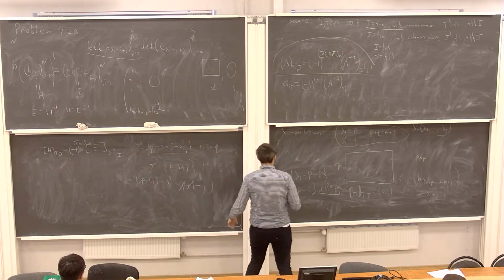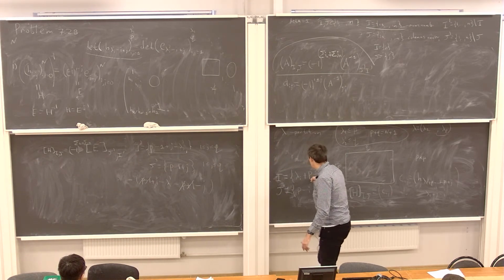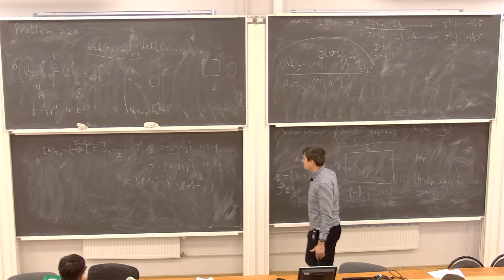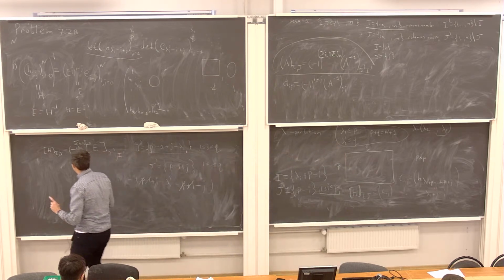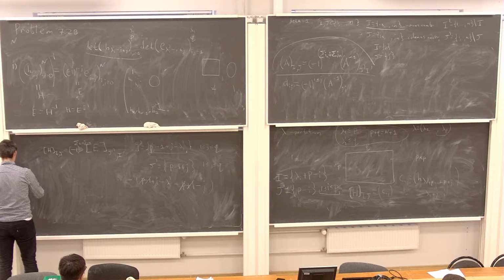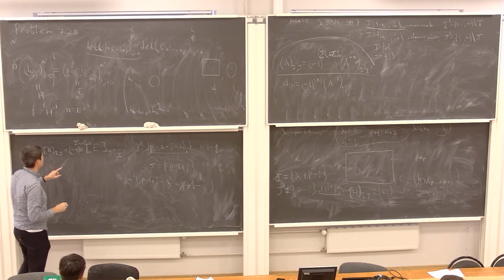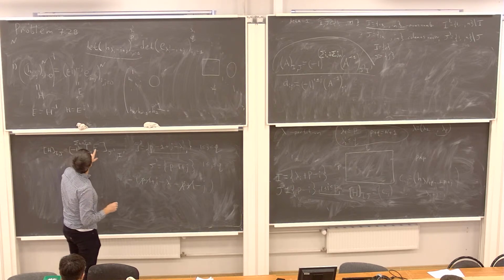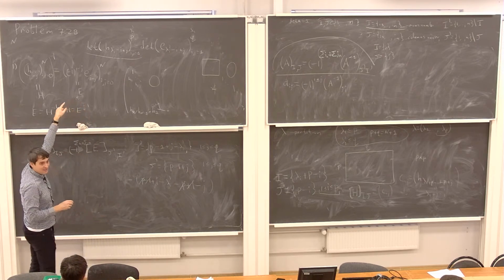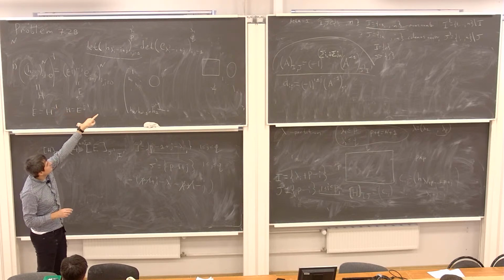I claim that the sign should be 1, so the sum of these guys minus the sum of these guys, let's compute it. The sign is hard. Moreover, this matrix is not as simple, it has a sign in itself, but you see in this formula you do not have any signs.